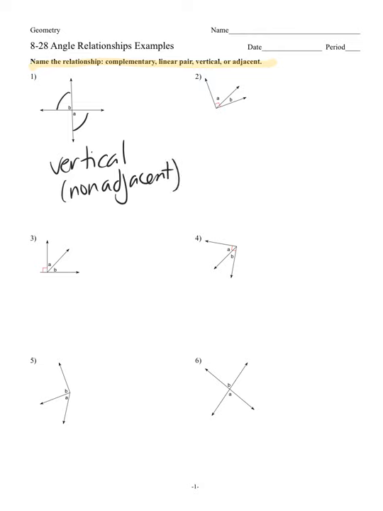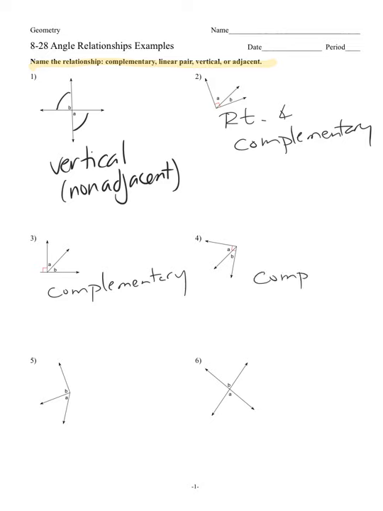How about number 2? Would that be adjacent, linear or supplementary? Well, because you see that right angle symbol, it is complementary. The same with number 3, complementary. Correct. Because you see the symbol as well. How about number 4? Same thing. Did you see the symbol?